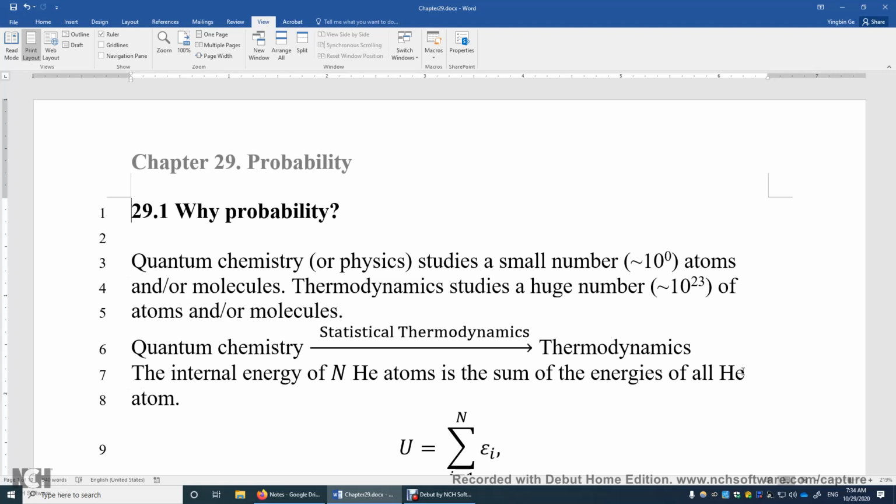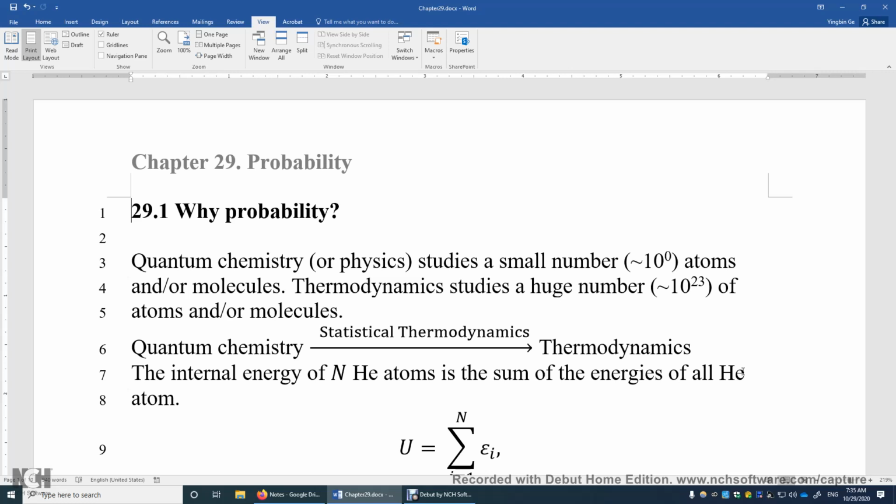So from a few atoms to 1 trillion atoms, or from one molecule to 1 trillion molecules, we need a bridge to connect quantum chemistry with thermodynamics. The bridge is called Statistical Thermodynamics.